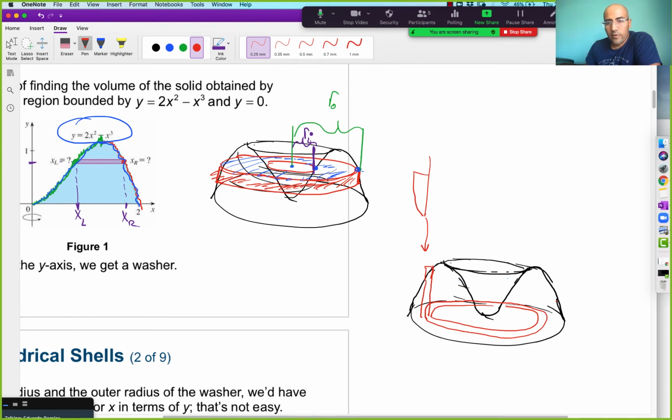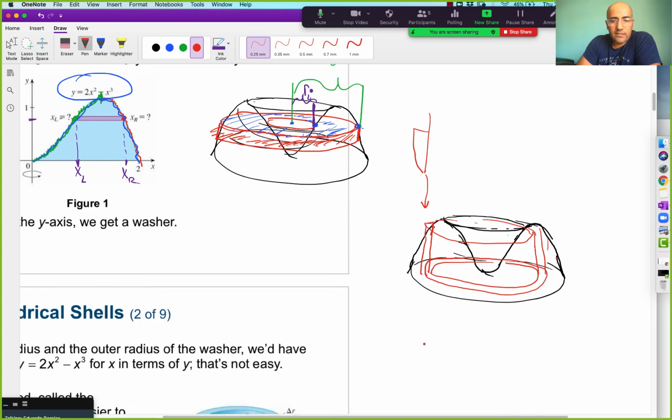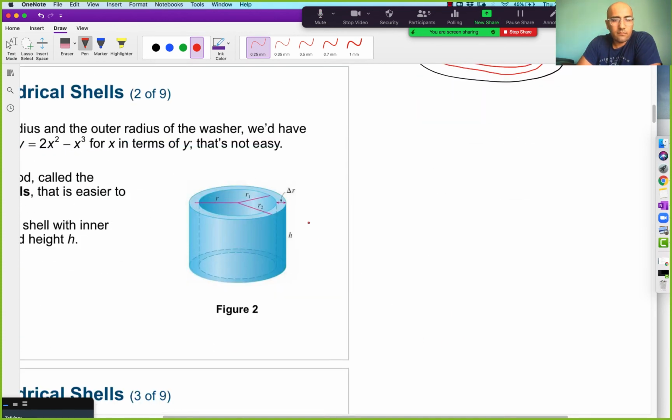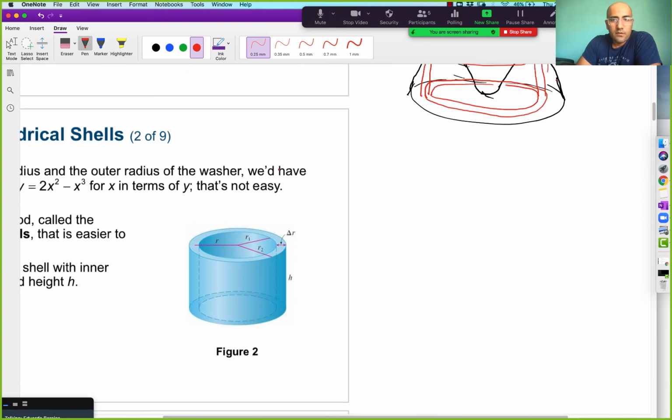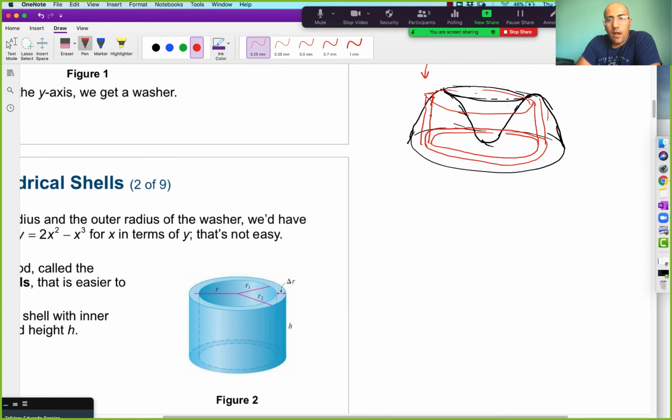So you'll end up with something that looks like this guy. Okay, sort of, kind of, maybe. So a bunch of these little shells are going to make up the shape.